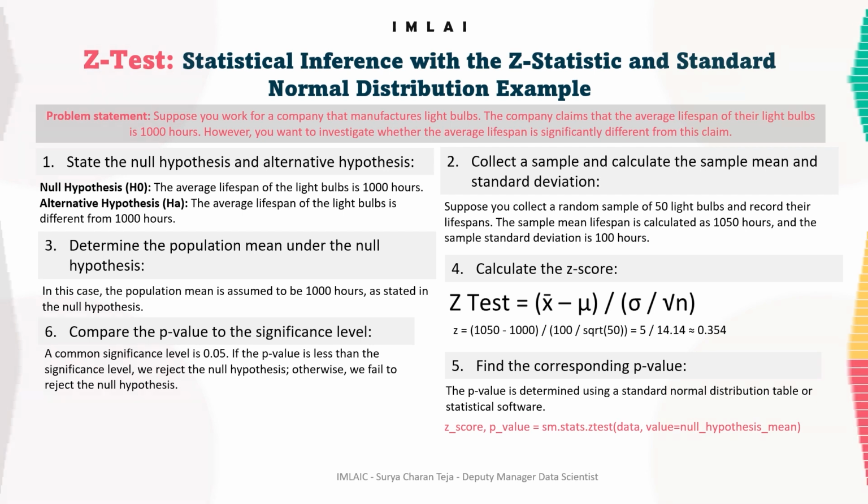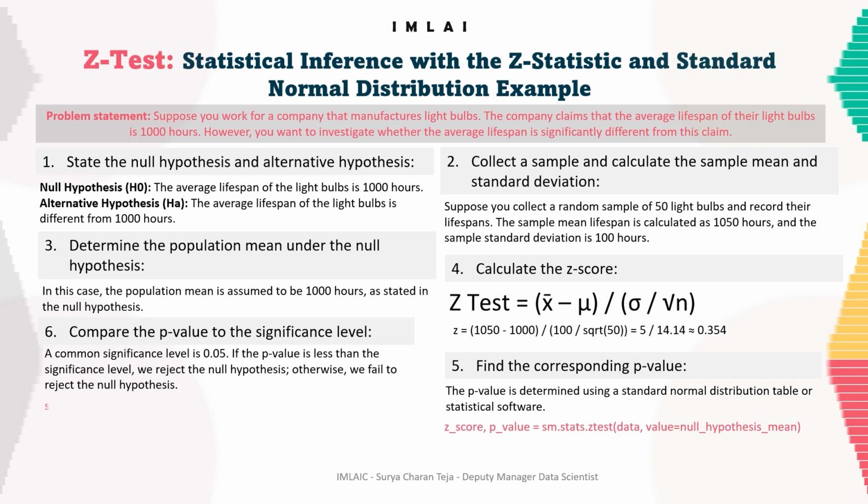A common significance level is 0.05. If the p-value is less than the significance level, we reject the null hypothesis. Otherwise, we fail to reject the null hypothesis.